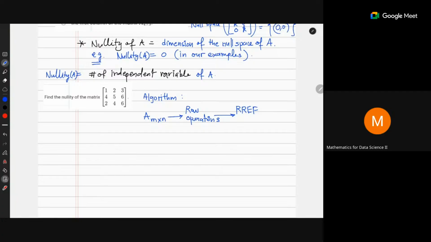Once you obtain it, you count the number of independent variables and also the number of dependent variables.